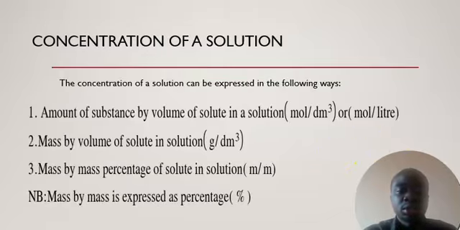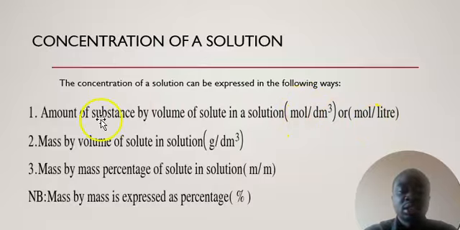Now, the concentration of a solution can be expressed in the following ways. The first one is amount of substance by volume of solution. Here we have the unit mole per dm cube or mole per liter.